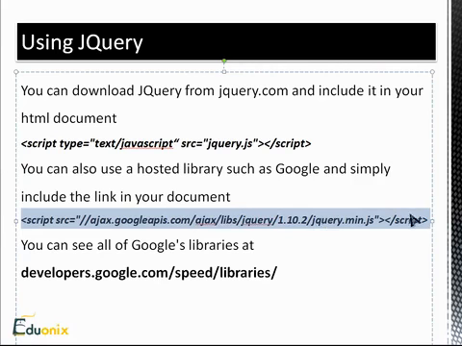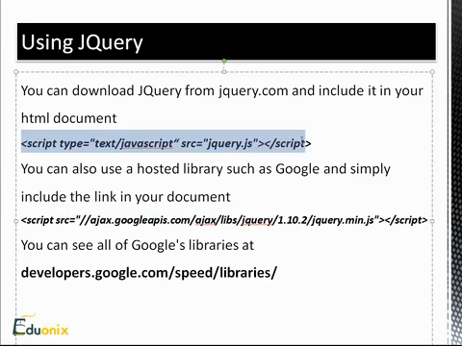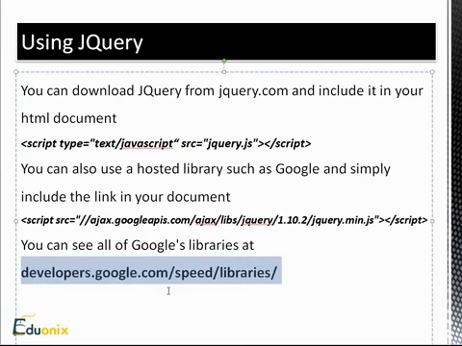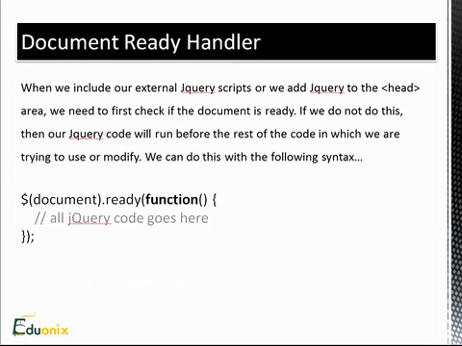So this is the quicker way of doing it. If you're using your local host and you're not actually on the internet, then I'd suggest using the downloaded file, because sometimes this won't work. You can see all of Google's libraries at this link here, at the developer site. There's jQuery, and there's a whole bunch of other stuff you can check out.